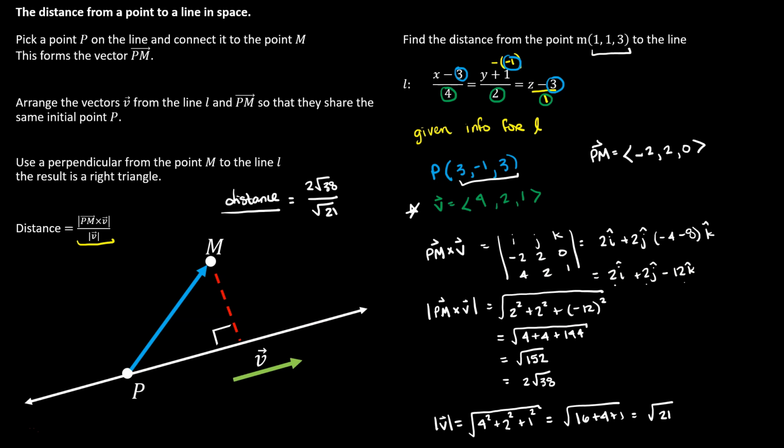But really, 2 root 38 over root 21, that's the exact answer. We don't like to approximate sometimes because, well, it's not a better answer in terms of being precise. But sometimes we need to approximate because when I tell you to go 2 root 38 over root 21 feet away from me, you might say, I have no idea what that means.